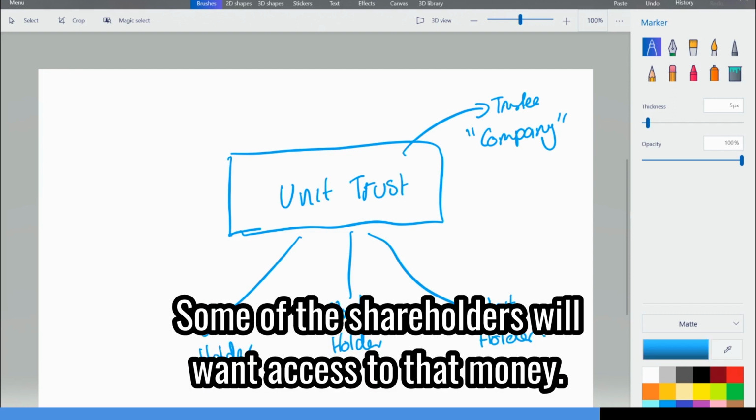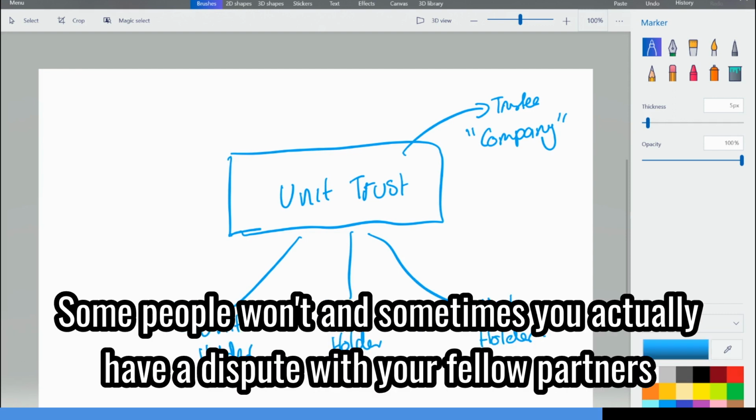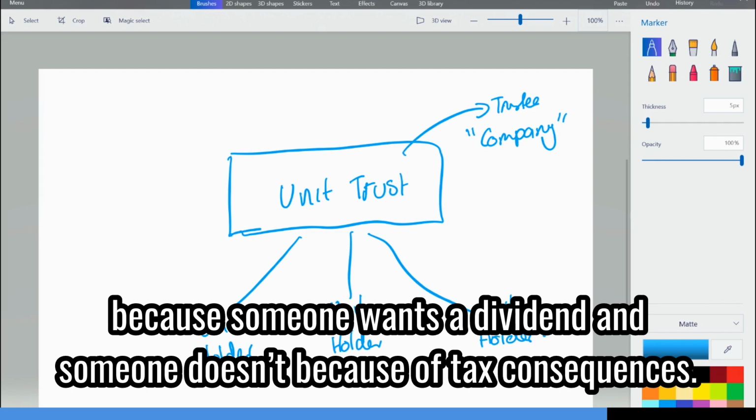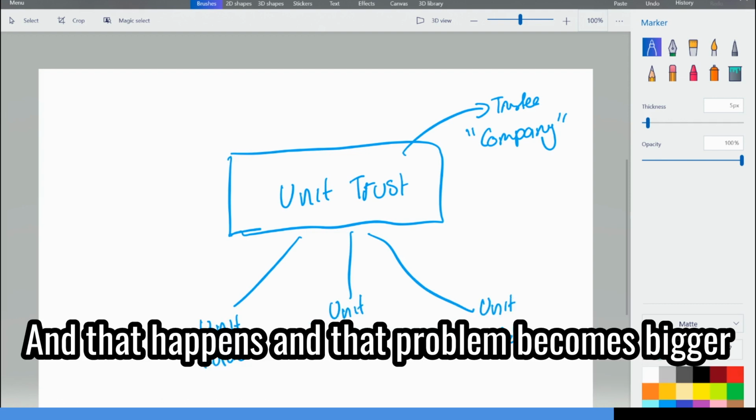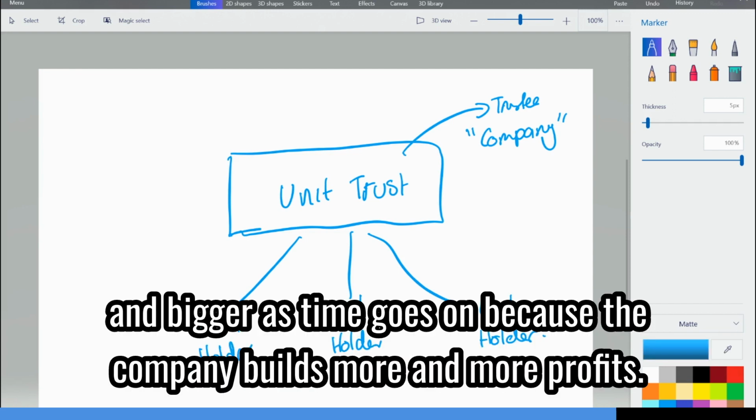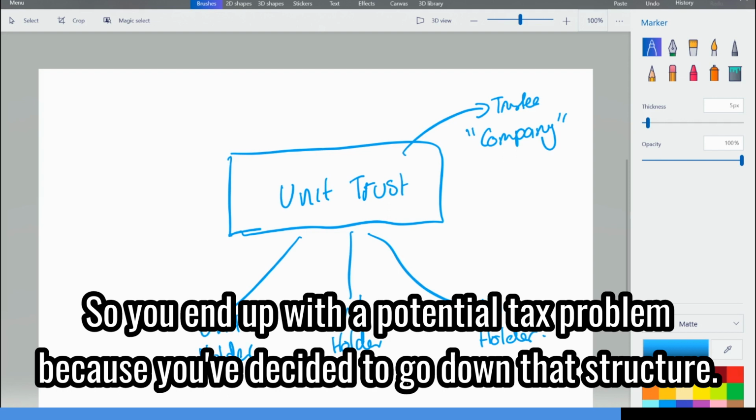Some of the shareholders will want access to that money. Some people won't, and sometimes you're actually having a dispute with your fellow partners because someone wants a dividend and someone doesn't because of tax consequences. And that problem becomes bigger and bigger as time goes on because your company builds more and more profits. So you end up with a potential tax problem because you've decided to go down that structure.